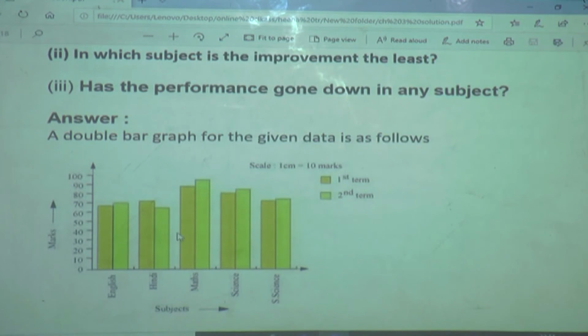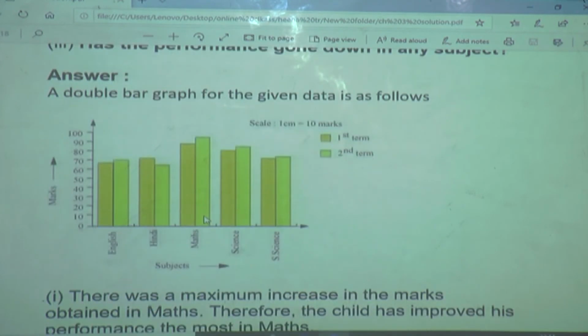So we will see how to draw a double bar graph, for which again we have to go to graph paper. Listen to each and every trick I am giving on how to draw a double bar graph. First we have to plot the x-axis, which is horizontal, and the y-axis, which is vertical.